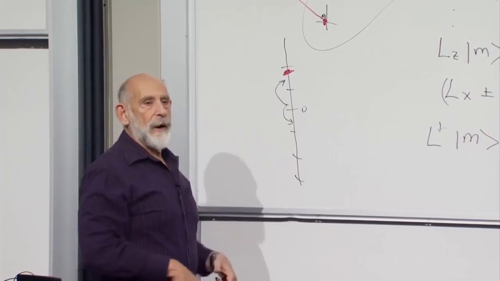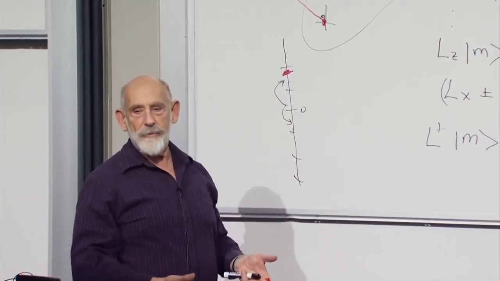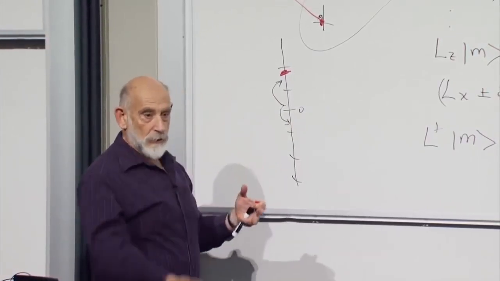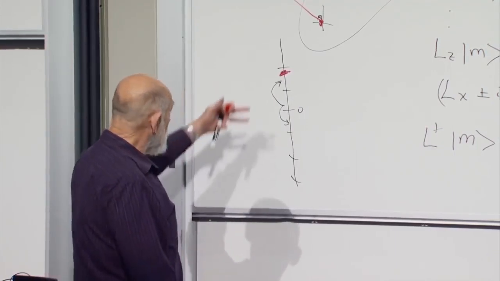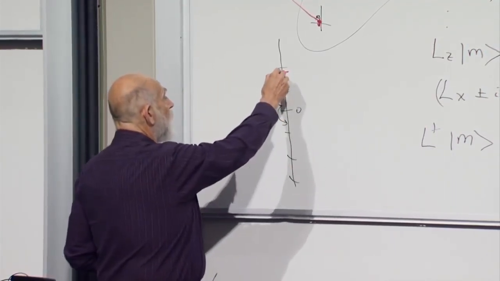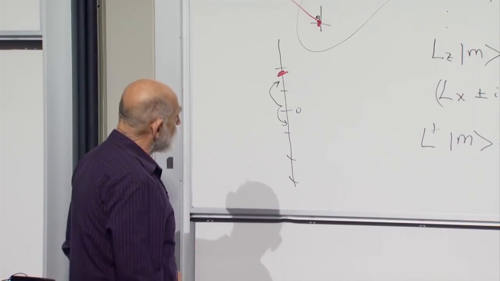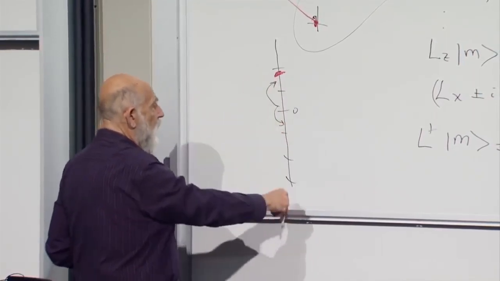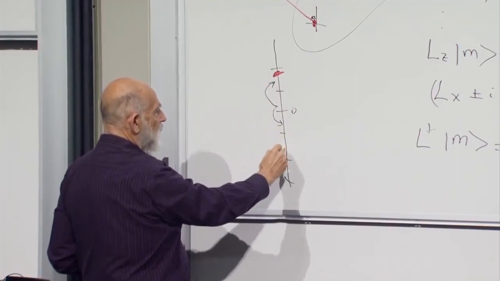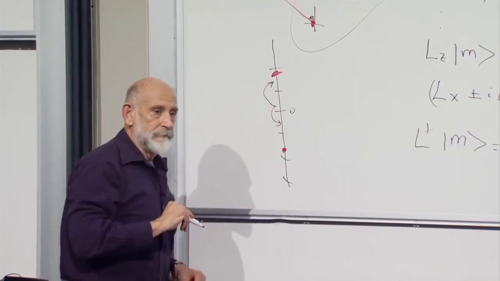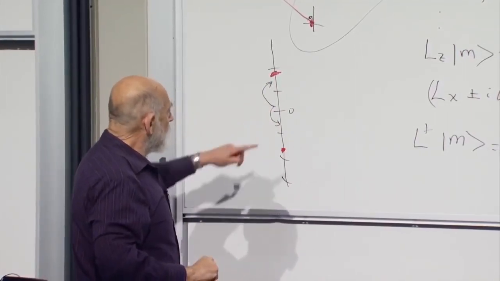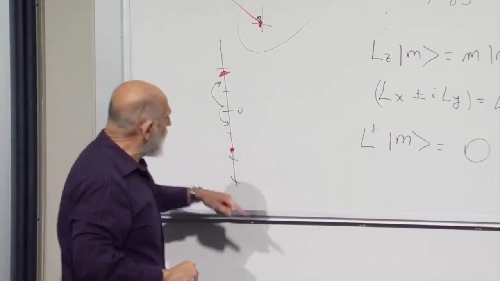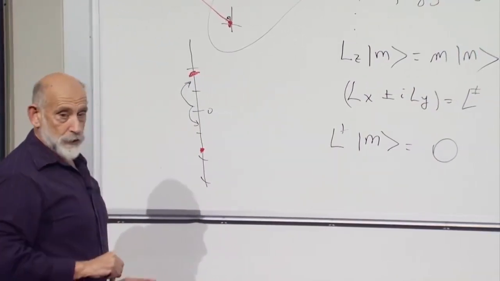Anything you can say about Lz, you can say exactly the same thing about minus Lz because they're just related by rotation. So if the spectrum ends at some point here, it has to end going downward at exactly the same point except reflected. Now, each action of L plus or minus displaces you by an integer.